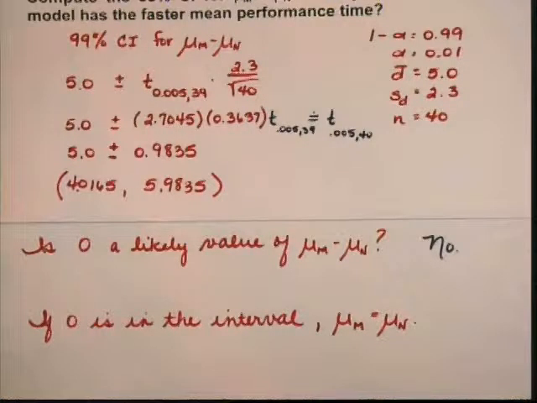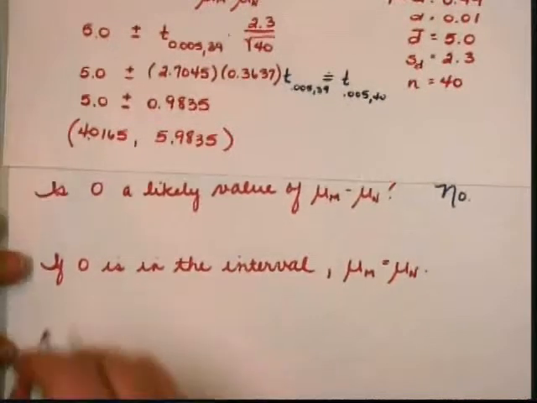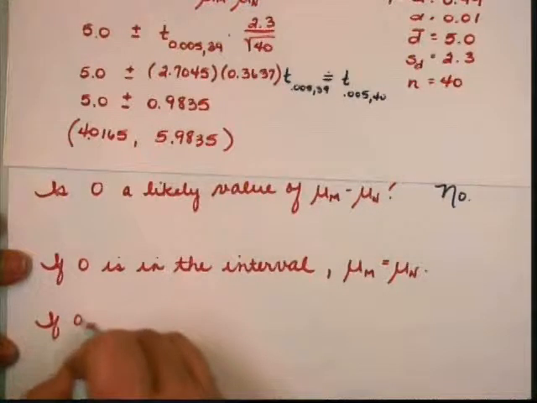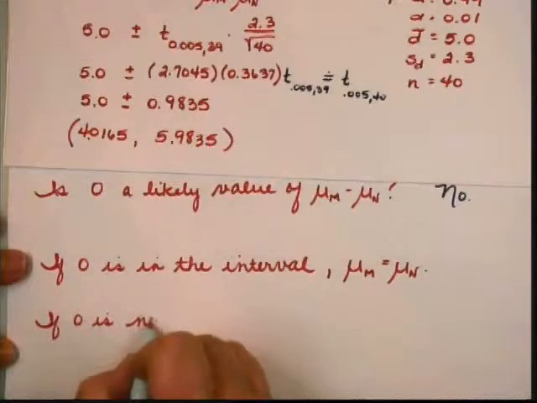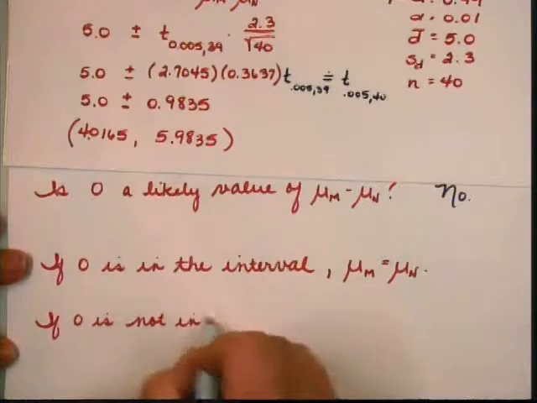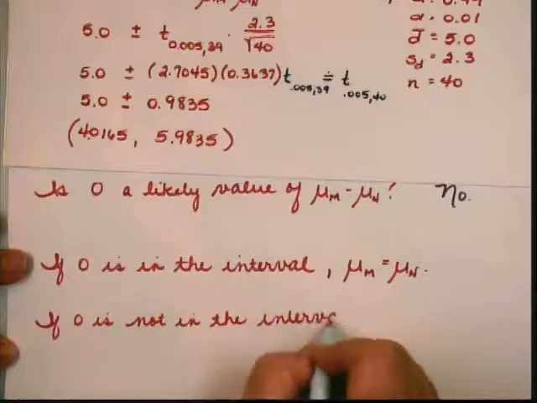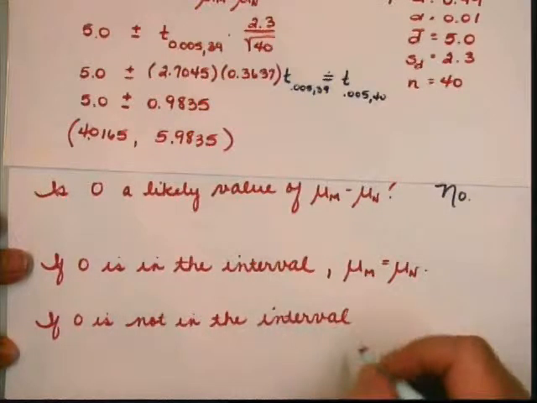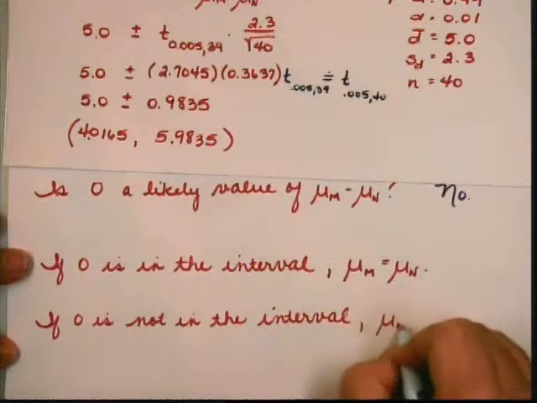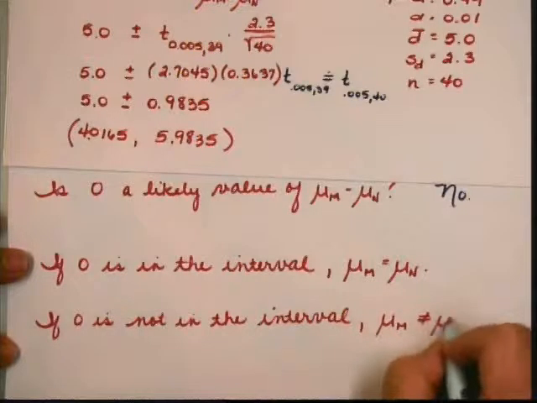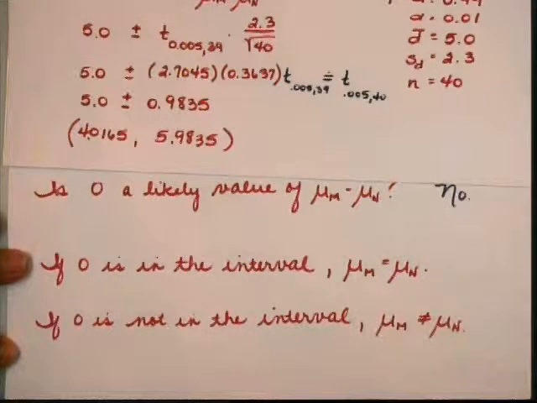All right? If 0 is not in the interval, then we would conclude that the means are indeed different from each other. So we know they're different. Agreed?